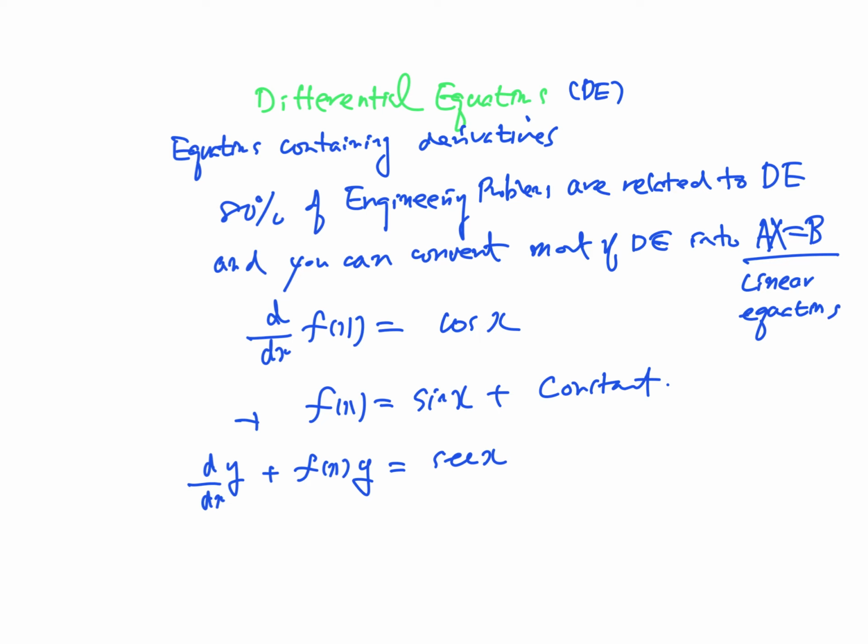Or can you find any function which, when you take a derivative, gives secant x, 1 over cosine x?